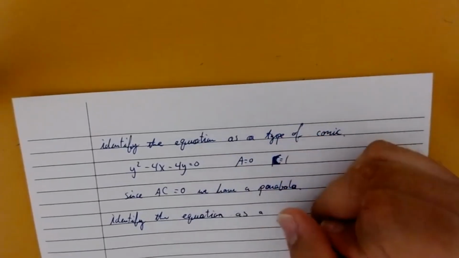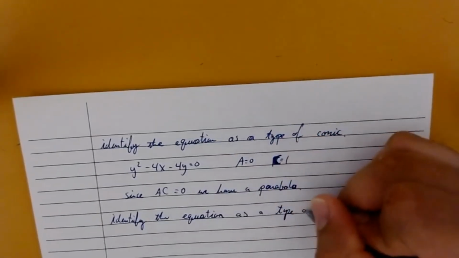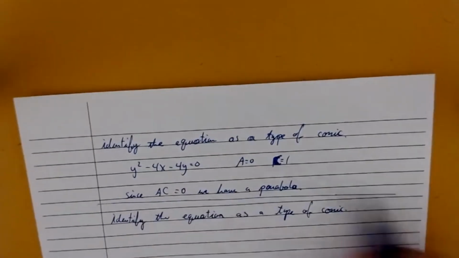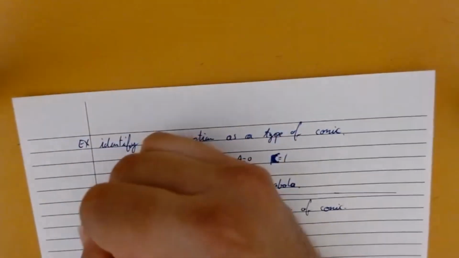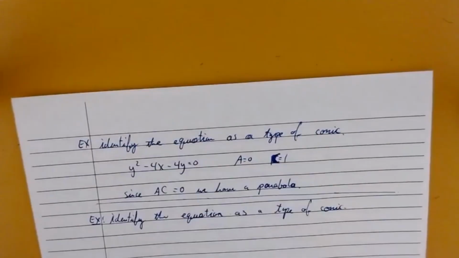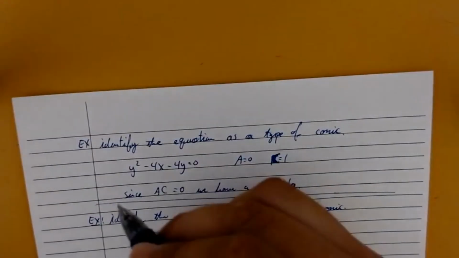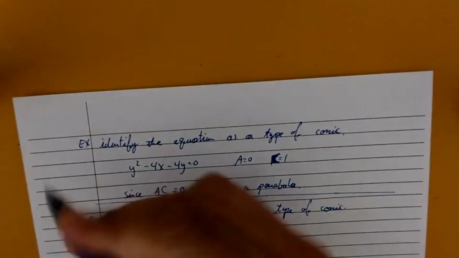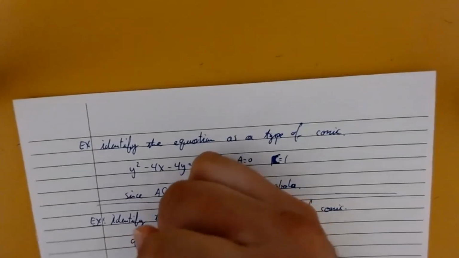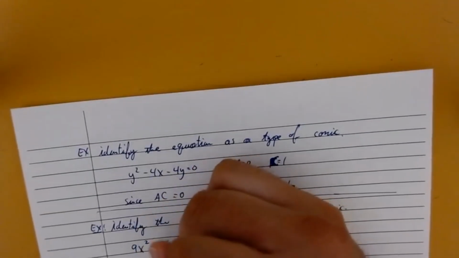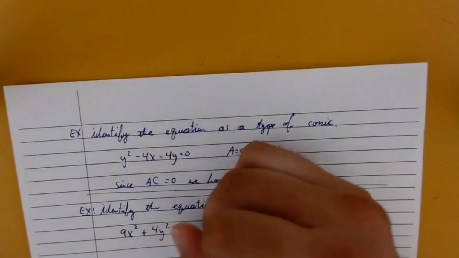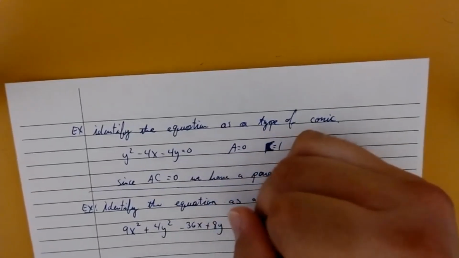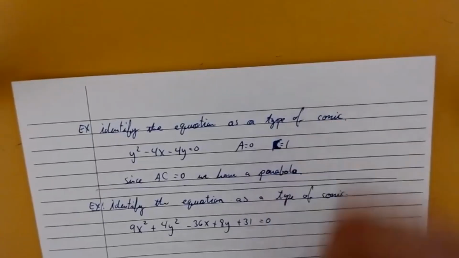as a type of conic. Let's try 9x squared plus 4y squared minus 36x plus 8y plus 31 equals 0.